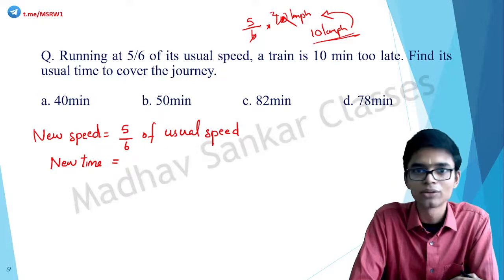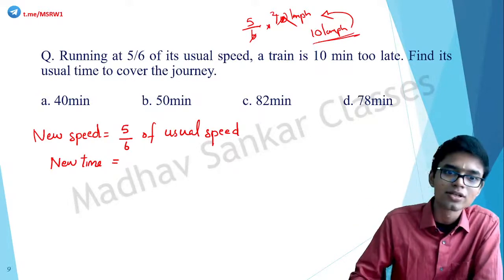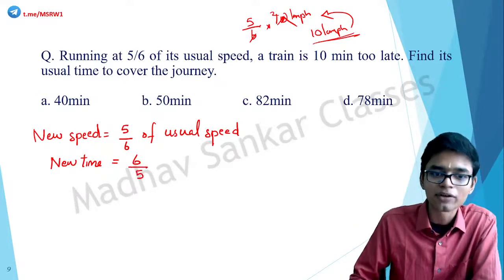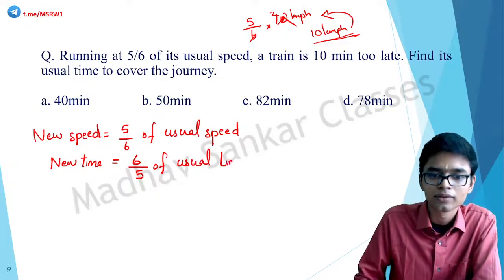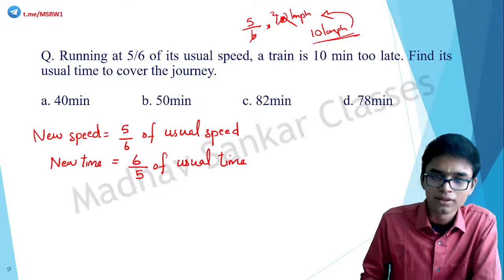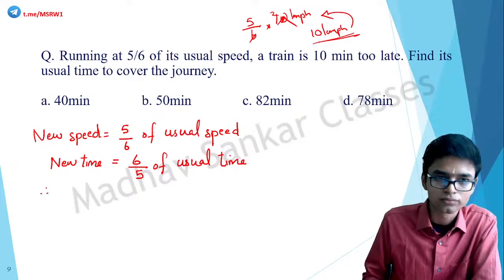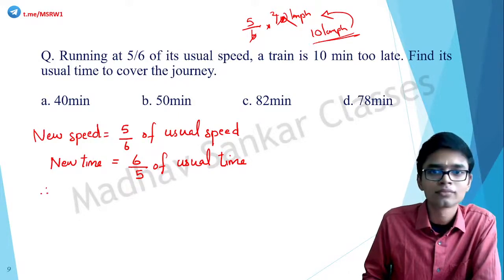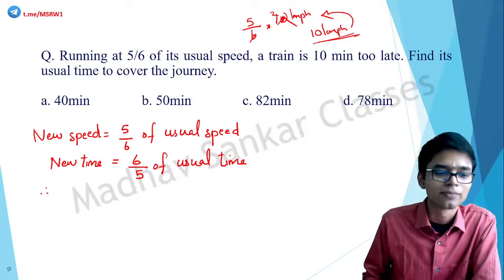In the first slide, I told you, it will be the reciprocal. So, it is 6 by 5 of usual time. Correct? There. Okay, that was thunder. All right.